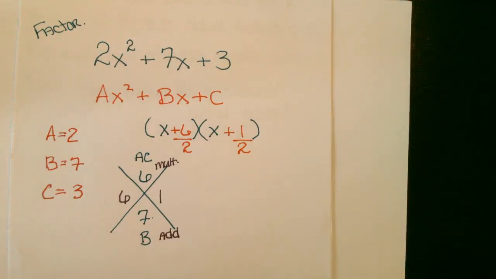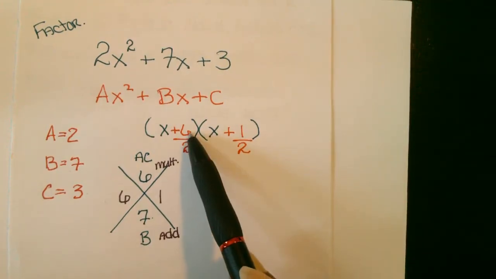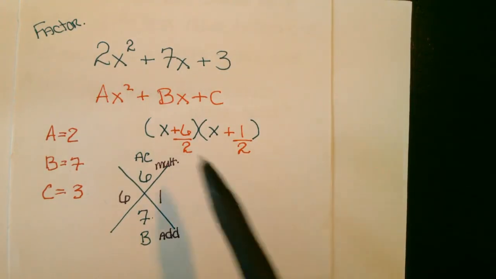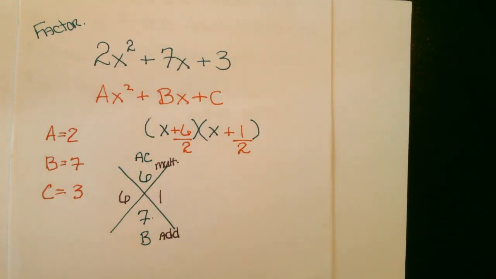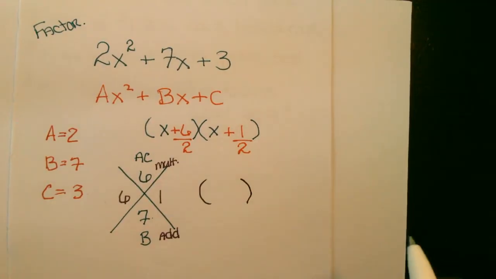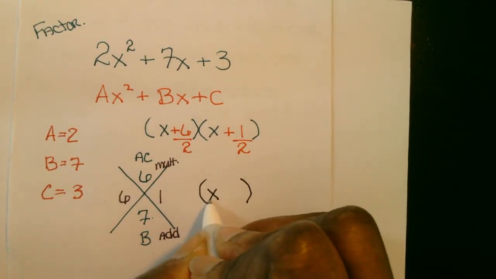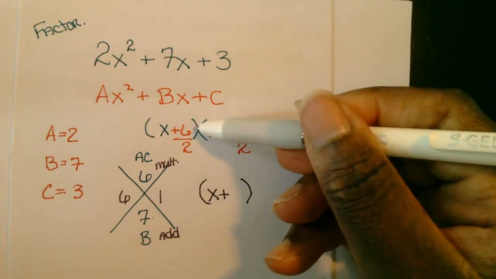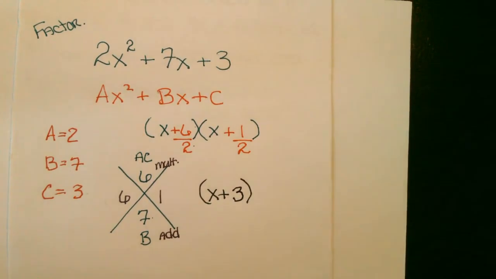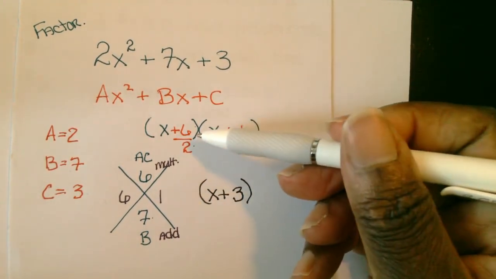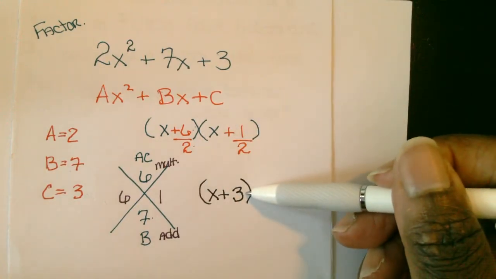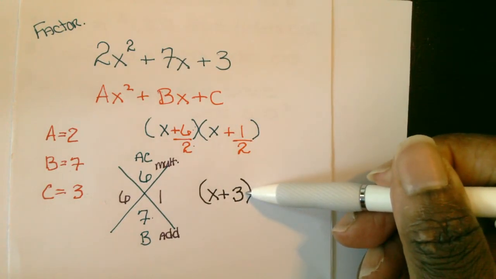So now, we have 6 divided by 2. Does that give me a whole number? Yes, it does. So inside of that first parenthesis is going to be x plus whatever 6 divided by 2 is, which is 3. If we can divide and get a whole number, we put it in its place.